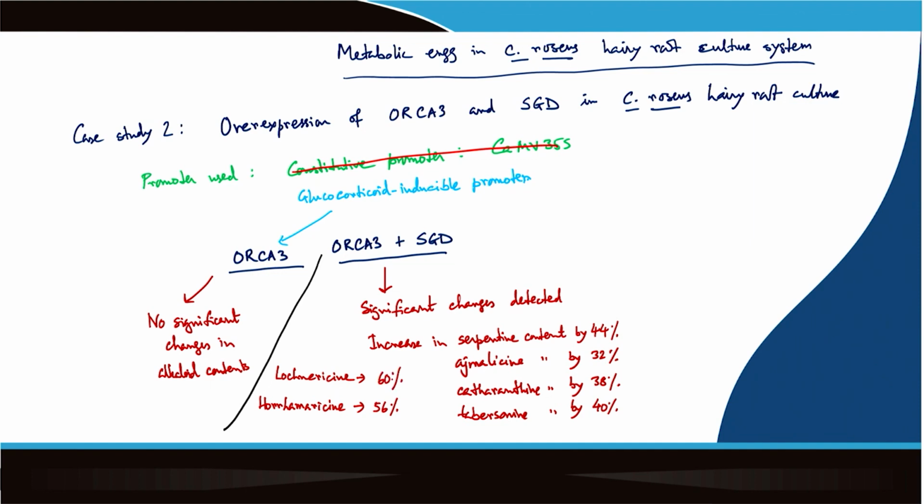Such significant changes detected when both ORCA3 and SGD were expressed under the control of a glucocorticoid inducible promoter.